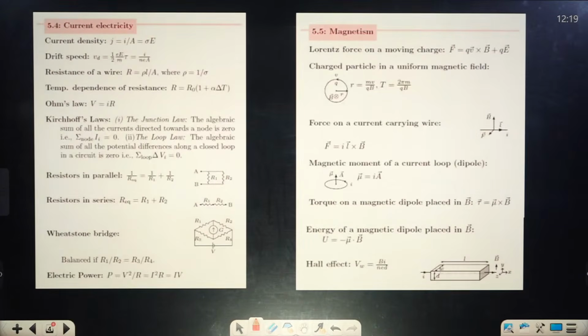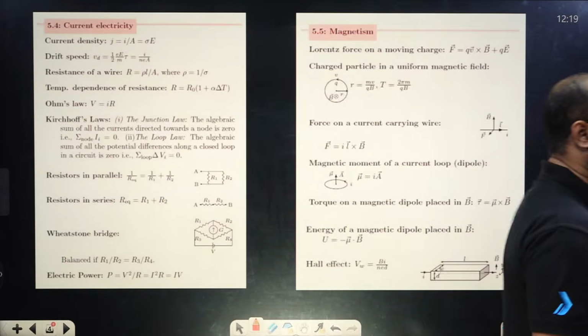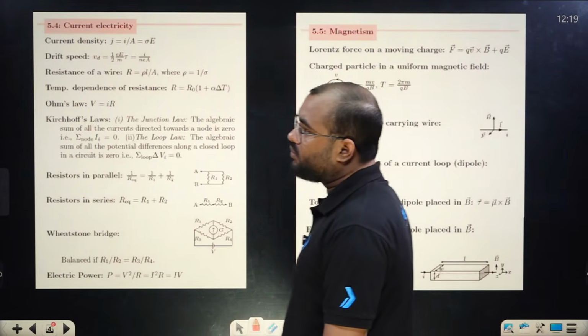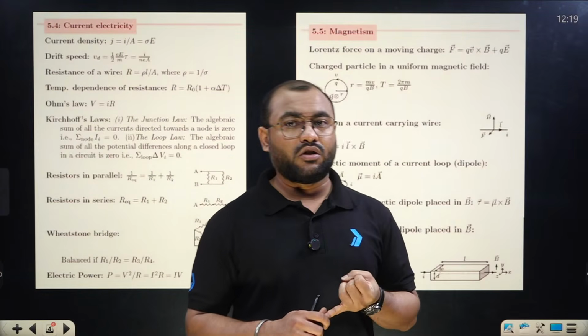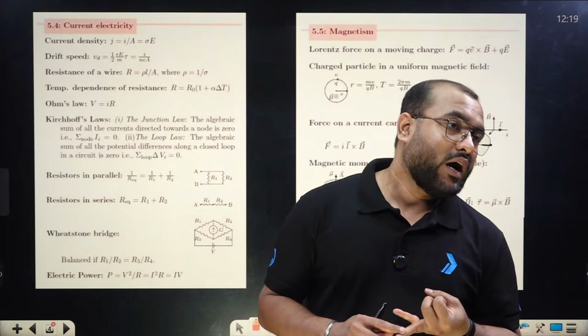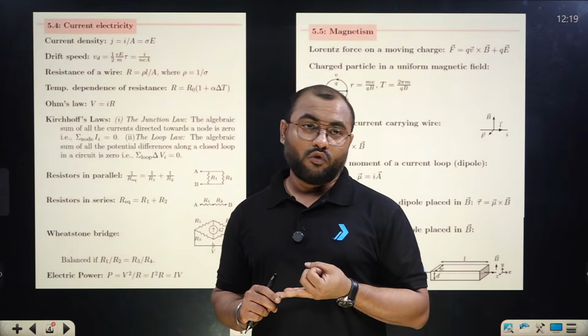After that, everyone, we will talk about current. In the chapter of current electricity, I don't feel that many formulas are needed. The concept needed is that you should be very good in the junction law, and most probably very, very good in Kirchhoff's voltage law, everyone.